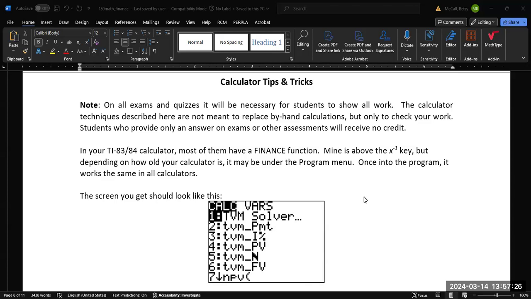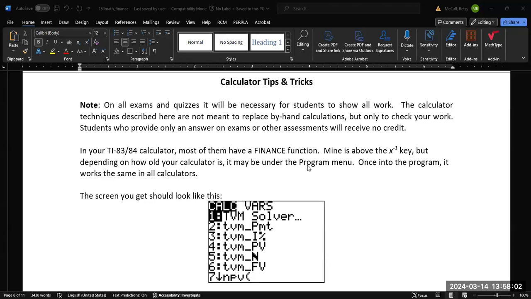Now, different calculators, the 83, 84 models, will have the math of finance function in slightly different places depending on the age of the calculator. In some calculators, there will be an apps function above the x to the -1 key. This is my really, really old calculator, my old 83. In some calculators, there will be a program menu.